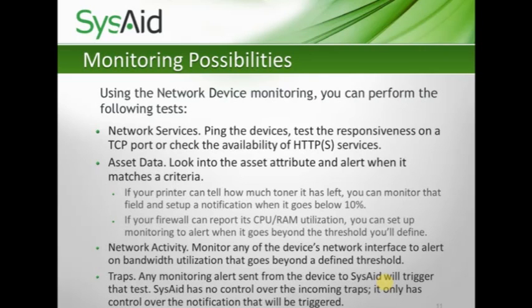If we're looking at the toner left on my asset, you can configure a monitoring test on that specific field, and configure it to notify you when that field goes below the value of 10. That means that when this goes below 10% of toner left, trigger a notification, maybe submit a service request.